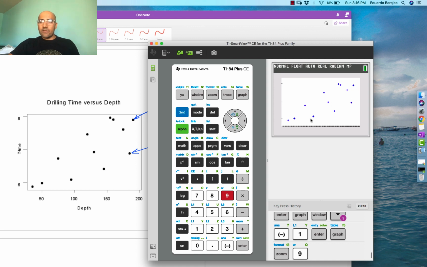If we wanted to be able to tell which is which from our calculator, we can hit this button that says trace, and then there'll be a little blinking guy, and up here it tells you the ordered pair, L1, L2, that it's plotting those values. And so here, this little blinking guy is 35, 5.88.